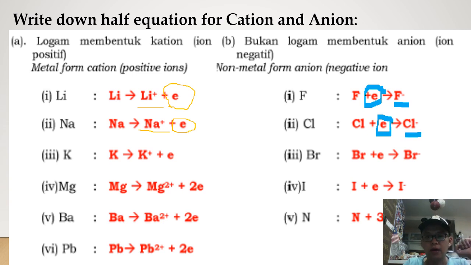So on and so on. It's very simple. First, you have to know metal always donate electron, so they will form cation with positive charge, while non-metal always receive the electron, so they will form anion with the negative charge.